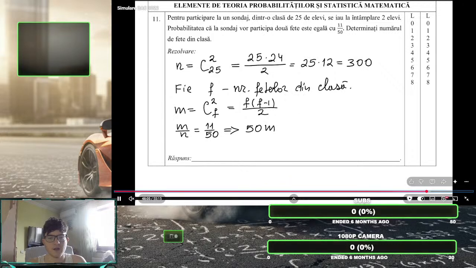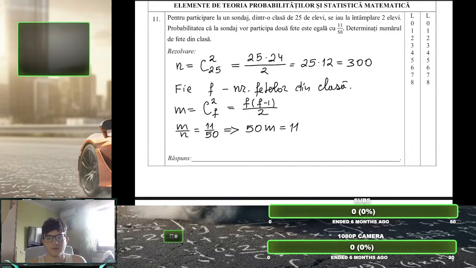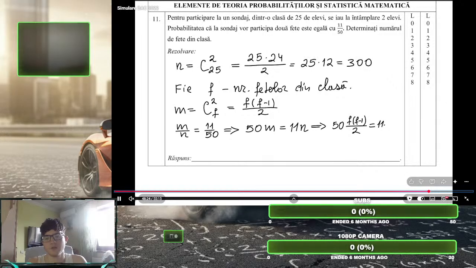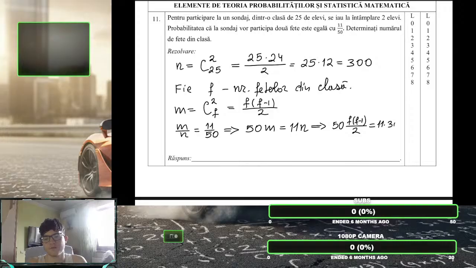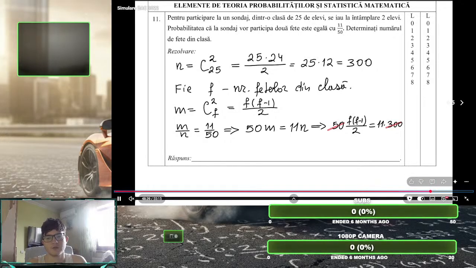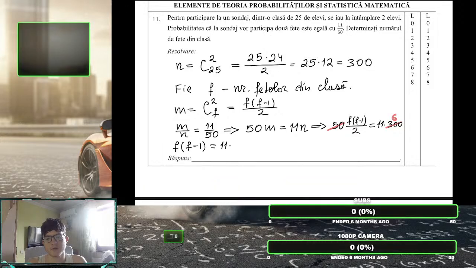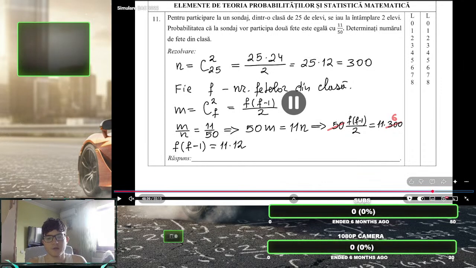50 times m equals 11n. Now 50 times that expression and 11 times 300, which is 3300. We can actually just cut it. So we're going to have 6 on the left, so 66 there, 11 times 12, because of the 2 right there, we took it away.